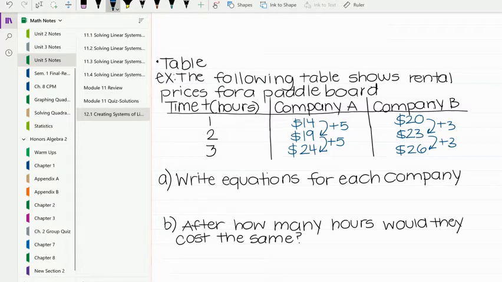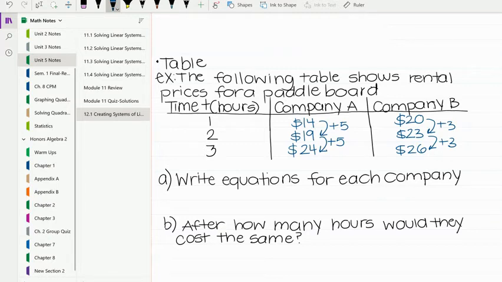But the part that is confusing is if they're charging $5 per hour, why does it say that 1 hour is $14? In other words, if we do 14 minus 5, why is there 9 extra dollars there? Well, that's because typically when you sign up for something, there's an initial charge, the sign-up fee, then you'll have an hourly charge.